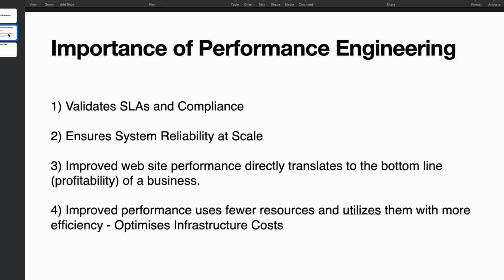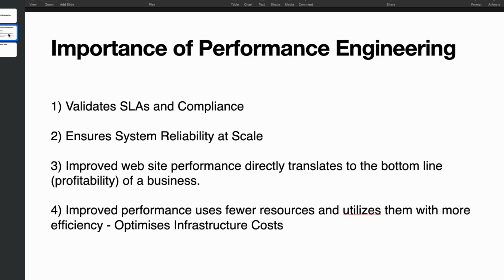Now going to the second point, it ensures system reliability at scale. System reliability means whether your system is able to perform at scale. Let's say you are moving from 100,000 users to 1 million users in 15-20 minutes, or maybe even a 5-minute time. Let's say on a sale day event at 12 o'clock, before the sale starts, a lot of people are going to log into your system trying to buy something, or trying to search for some product.